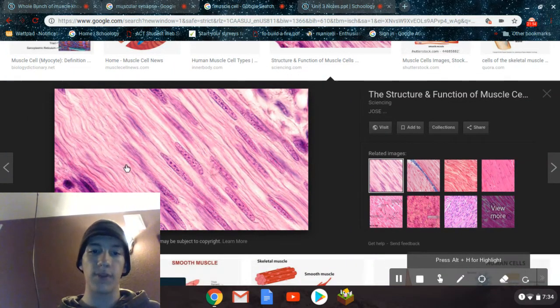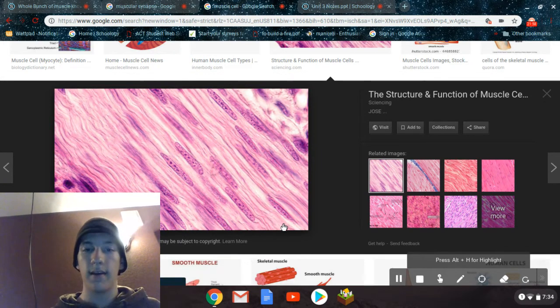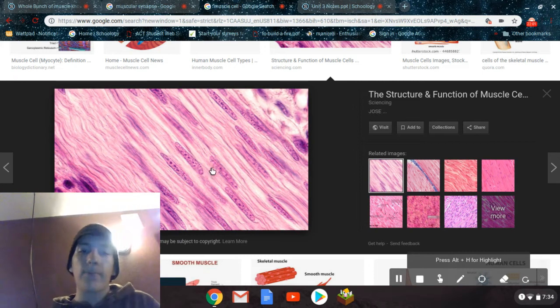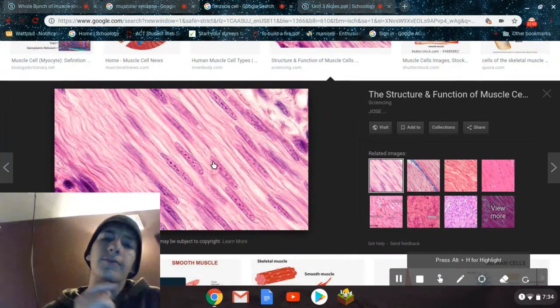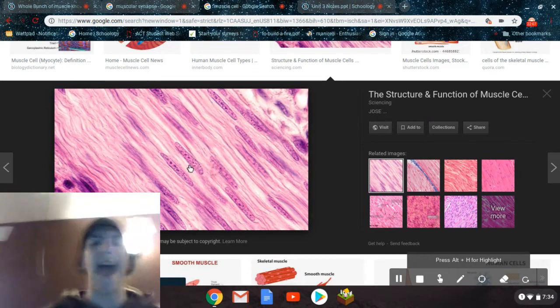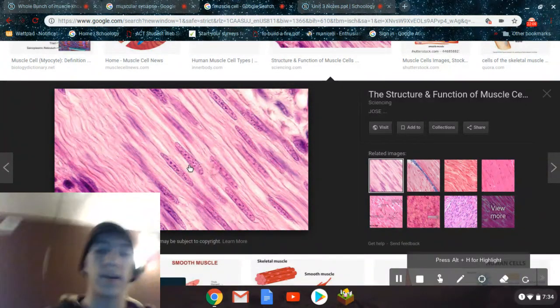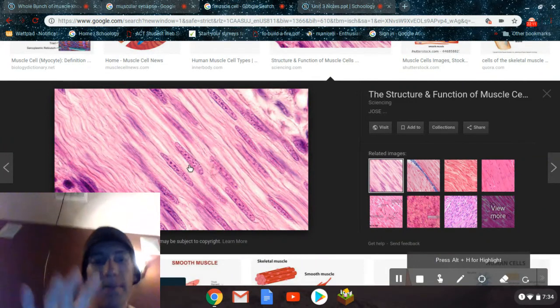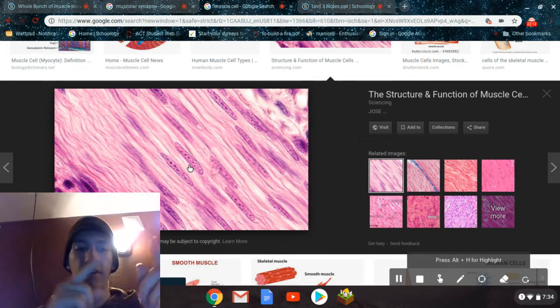They're not super striped. They're just kind of wavy, and they don't have a lot of nerves in them. They just kind of activate one another. So a nerve might activate a couple of them, but they'll activate each other.